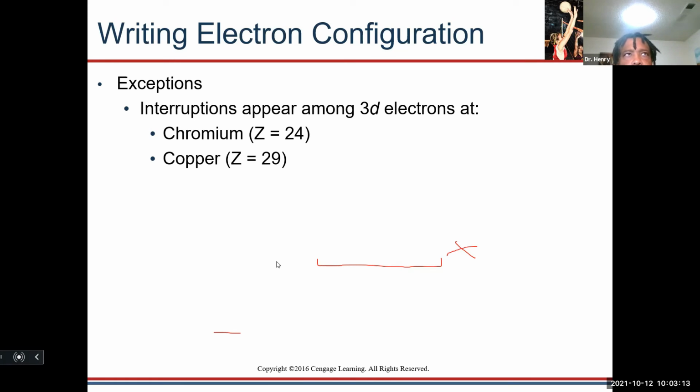So there's certain elements where the energy level gets skewed for some reason. As a result, they'll pull an electron from the S subshell to put into the D subshell to make it a little more stable, okay?